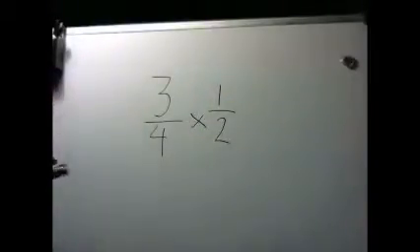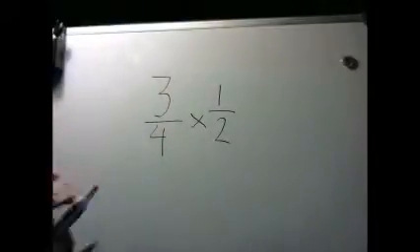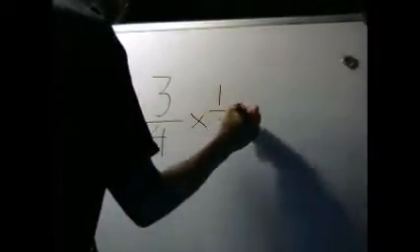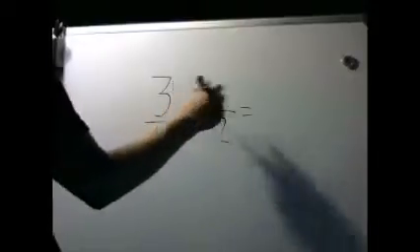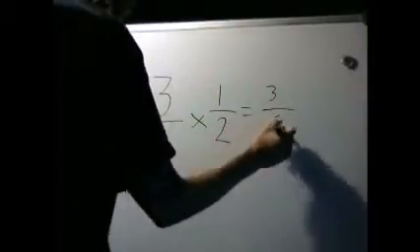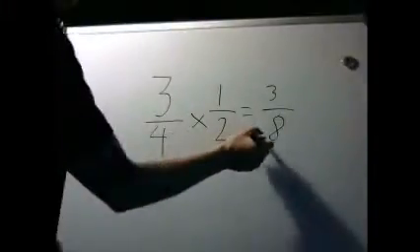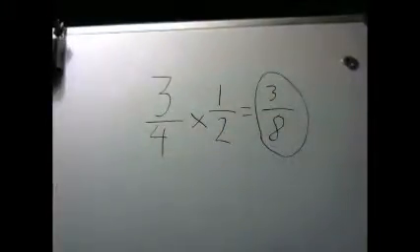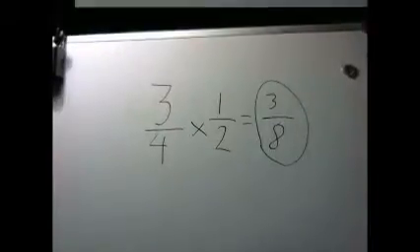And in fact, multiplication when it comes to fractions is much easier than addition or subtraction. So therefore, 3 times 1 is 3, 4 times 2 is 8. And that's our answer, 3 over 8. And so that's how we would go about solving a fraction via multiplication.